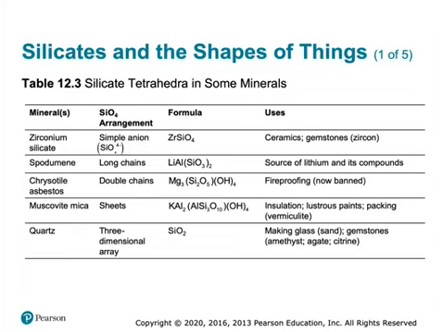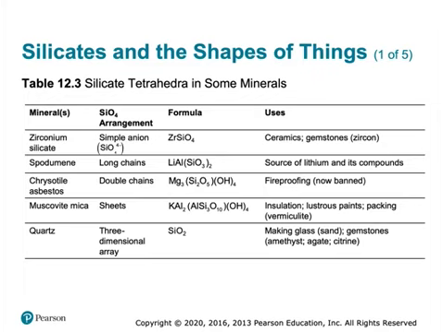And let's talk about silicates. So here are various silicates. So here's zirconium. If you've heard of cubic zirconia, this is that. We also have some long chain spodumene. This is a source of lithium.